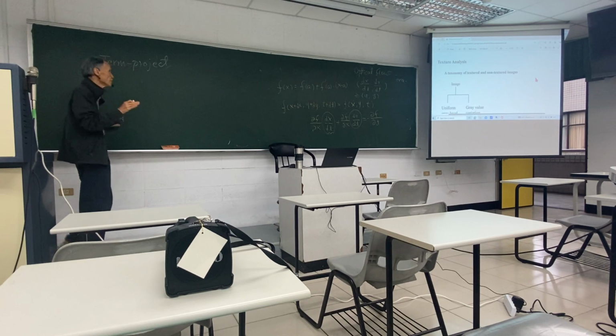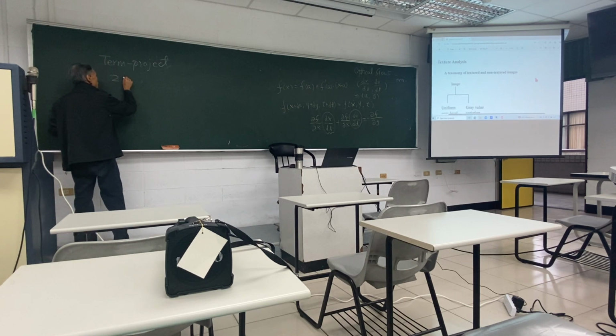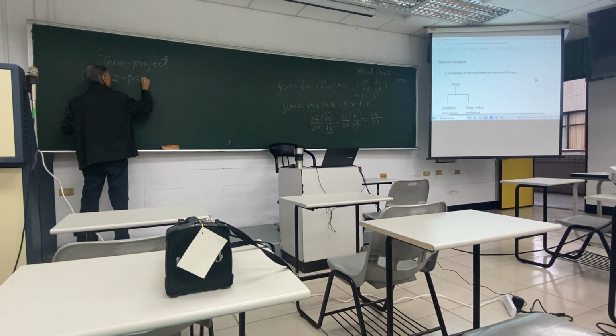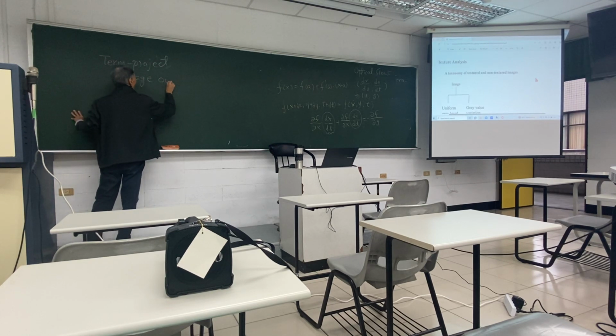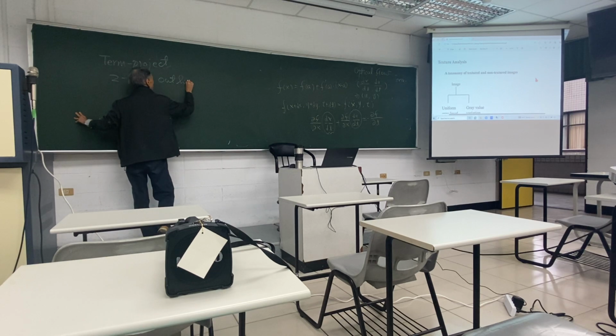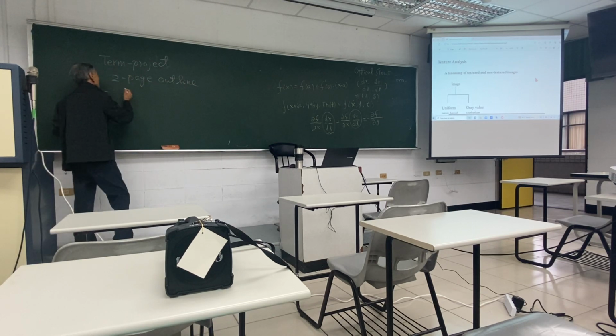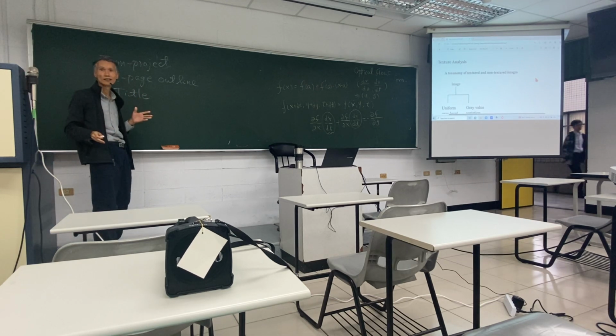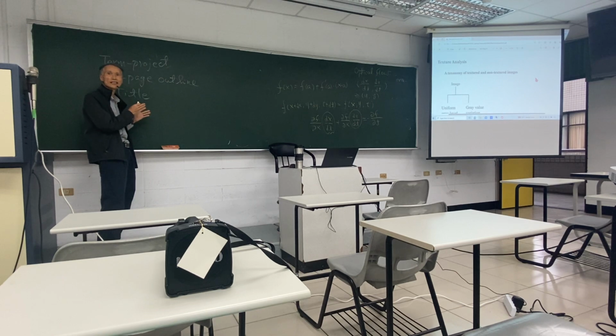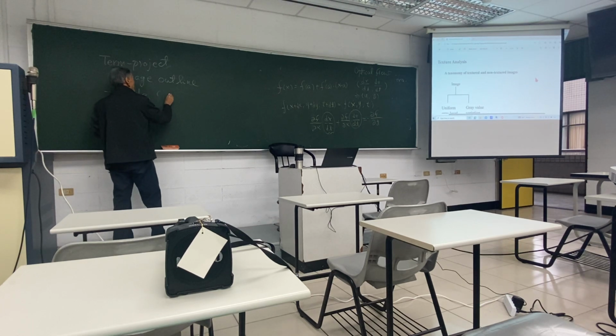But I just need a 2 page outline. First, specify the title. I need the title. Don't just name it machine vision. I need a specific title. Make it specific.